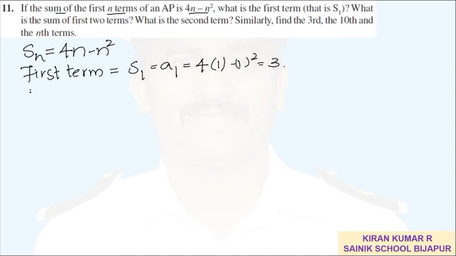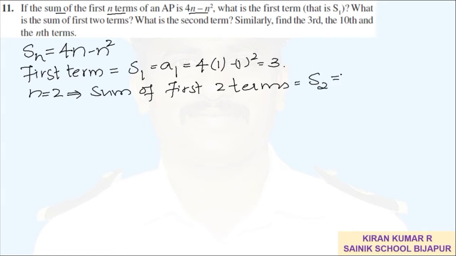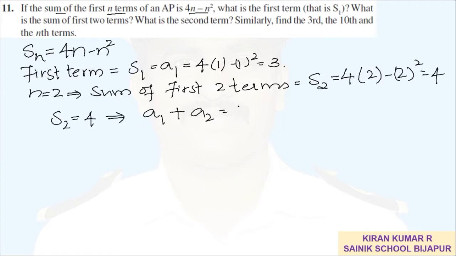If you substitute n as 2, we get the sum of the first two terms. The sum of the first two terms is given by S2. This will be equal to 4 times 2 minus 2 square. 4 twos are 8, 8 minus 4 is 4. This 4 is the sum of the first two terms, nothing but A1 plus A2, which is 4.